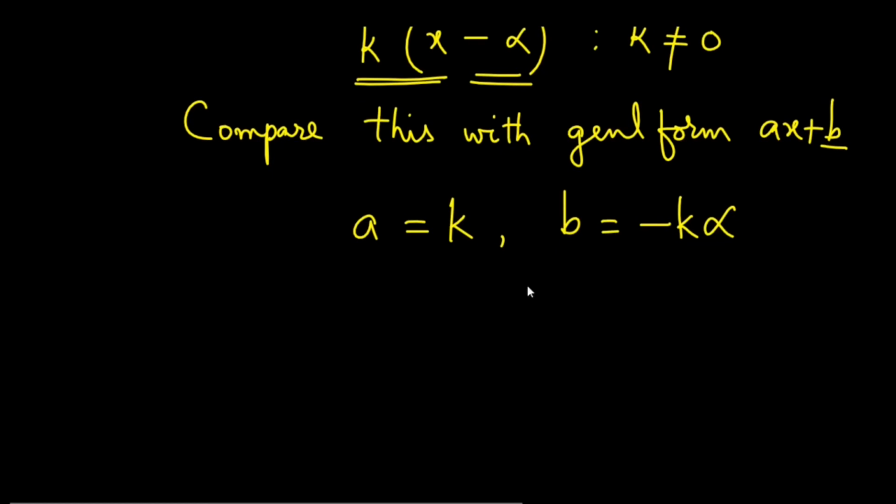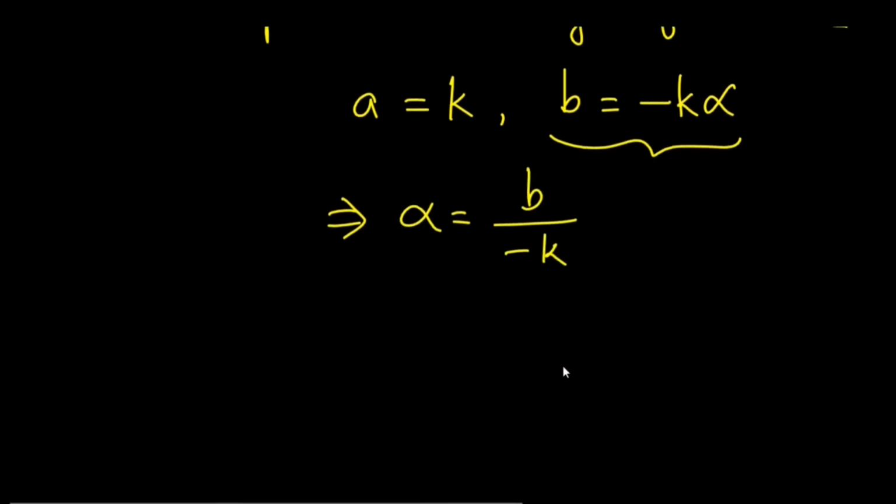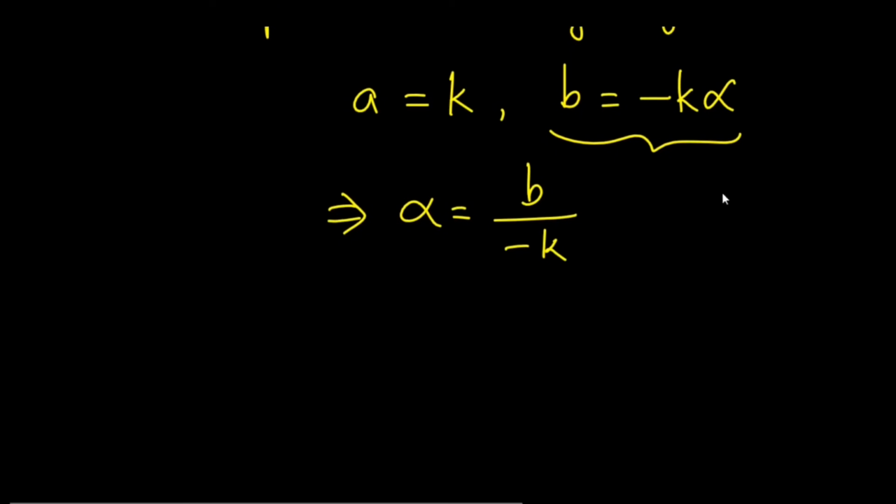From this, let us get the relation between alpha and the coefficients. From this we get alpha is equal to b by minus k. But here we get k is equal to a.